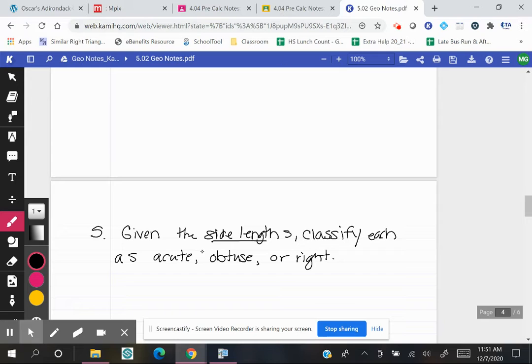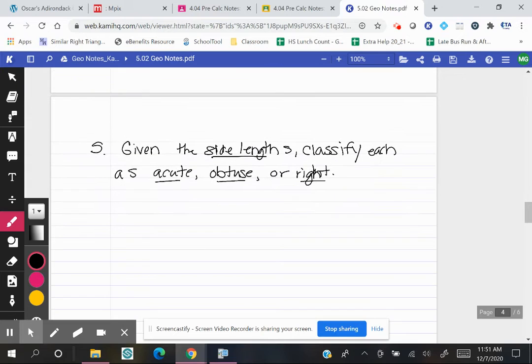So if c squared equals a squared plus b squared, it's a right triangle. If c squared is bigger than a squared plus b squared, it's obtuse, bigger, obtuse. If c squared is less than a squared plus b squared, then it's acute. So here are your 3 side lengths.